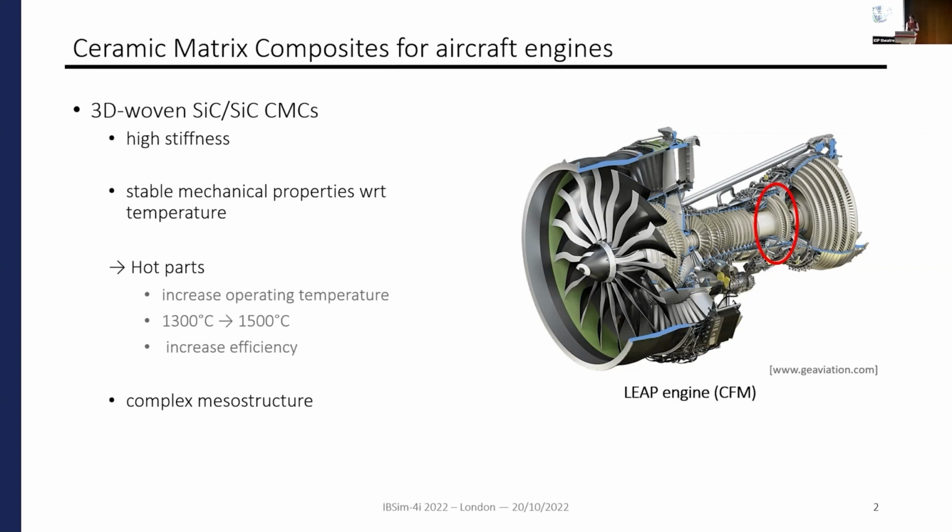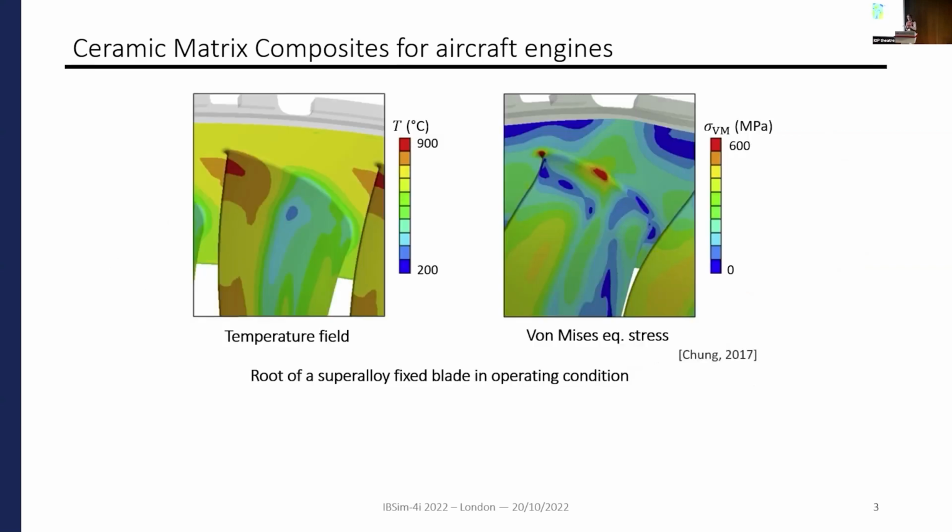But those materials have a very complex mesostructure. And with the complex mesostructure, they also face quite complex loading. So here is some simulation that has been done, but on a superalloy wood of some fixed blade in a motor.